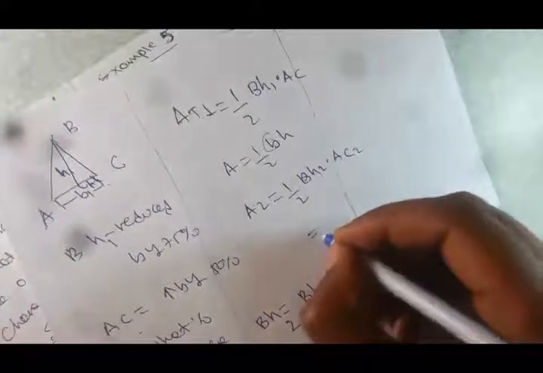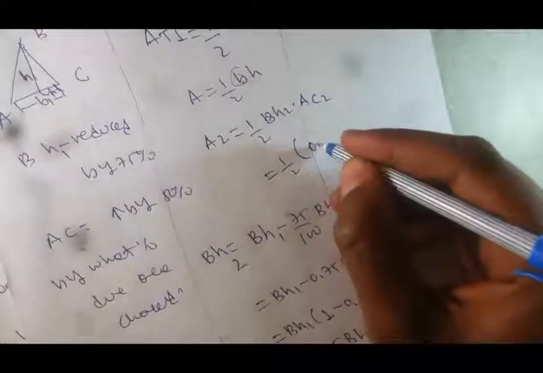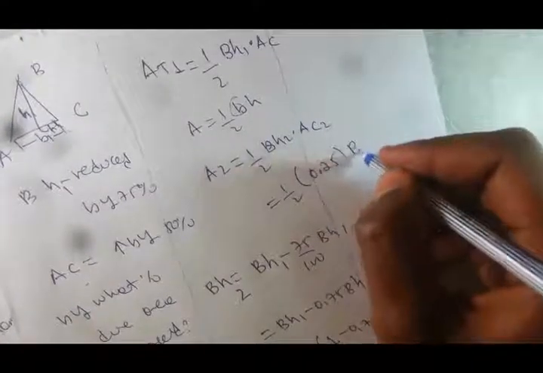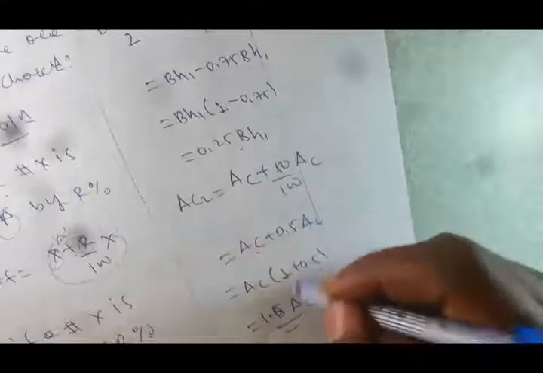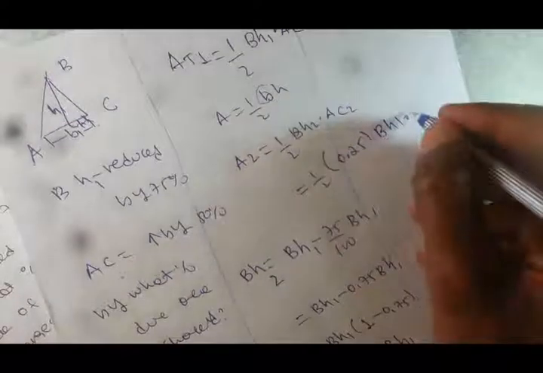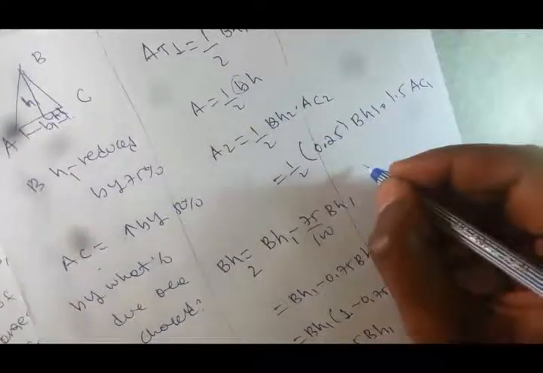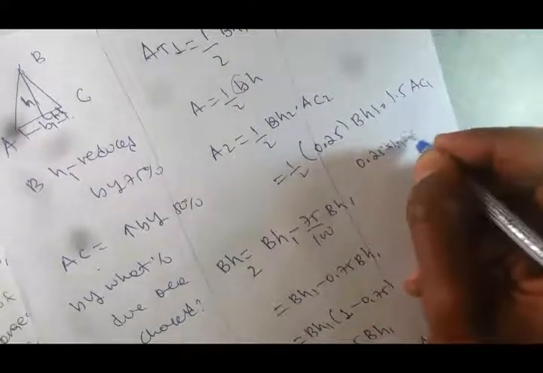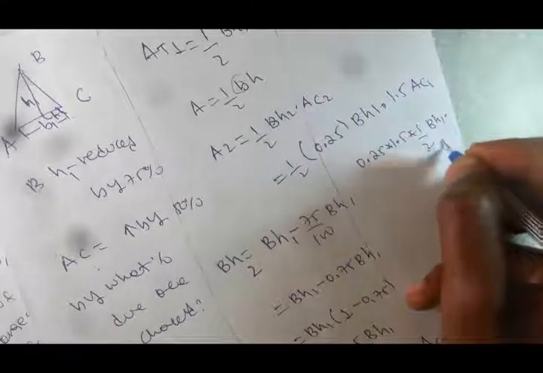This is equivalent to 1 over 2 times BH2, which we already found is 0.25 times BH1, times AC2, which is 1.5 times AC1. This can also be written as 0.25 times 1.5 times 1 over 2 BH1 times AC1.